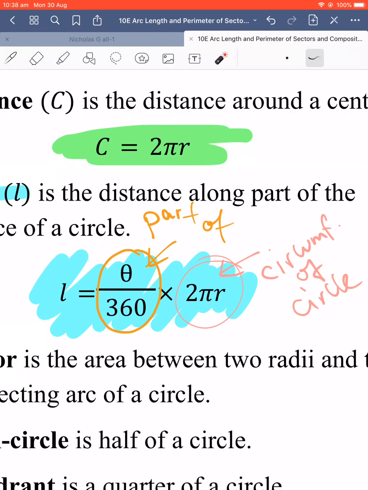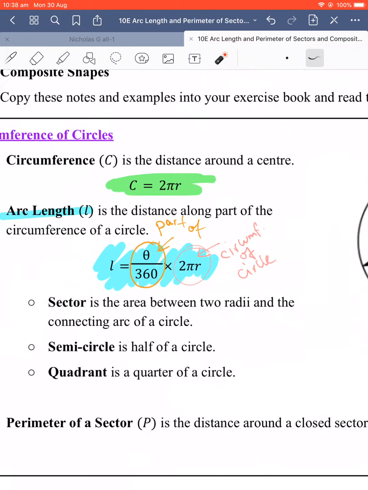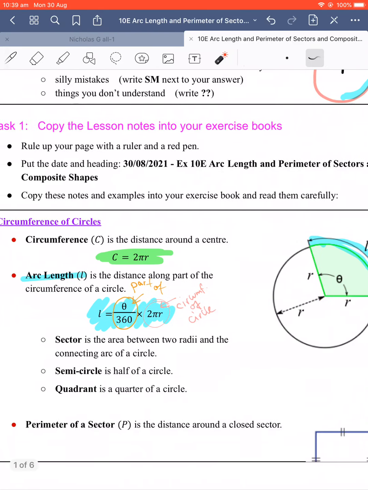And this part is dictated by this particular angle, which is inside your sector. So your part is dependent on what angle you have between your two radii.